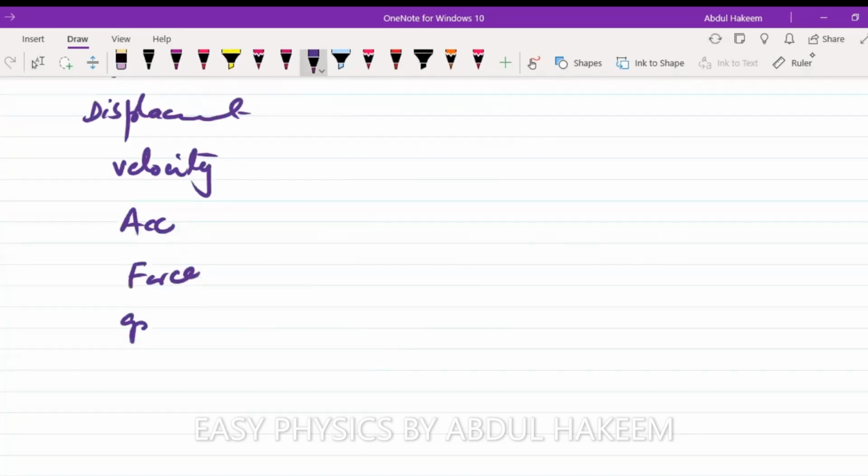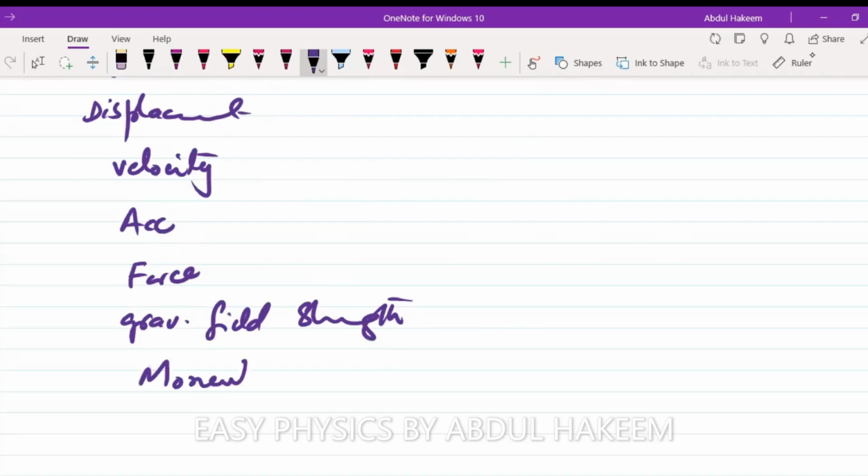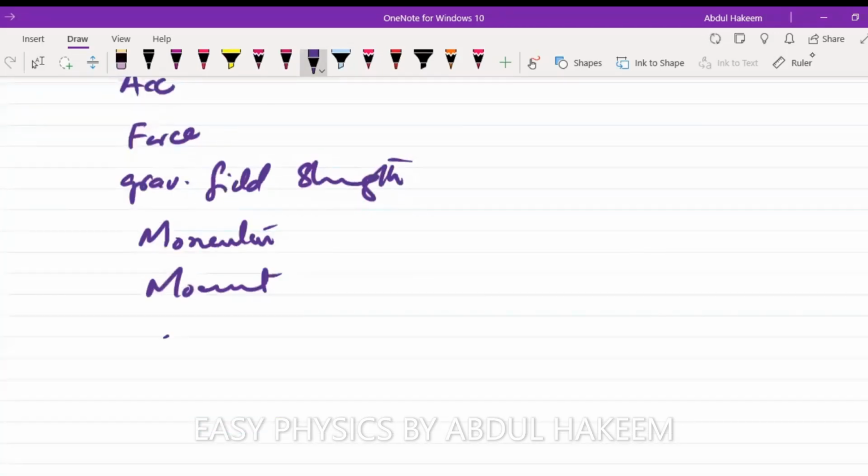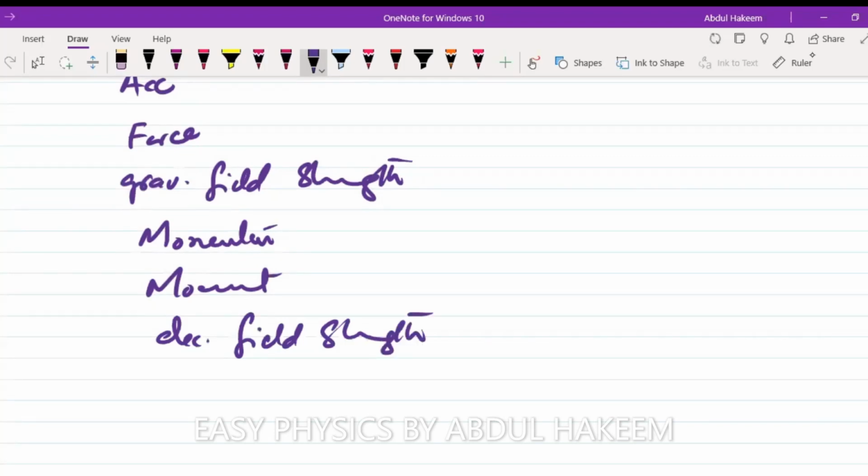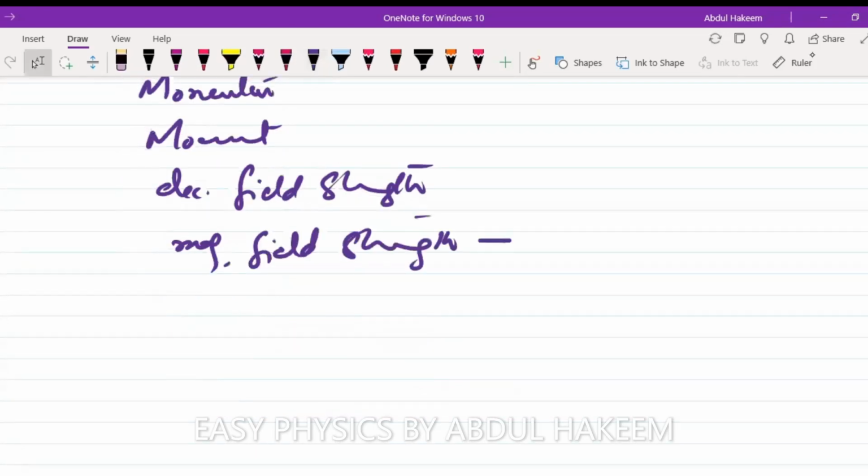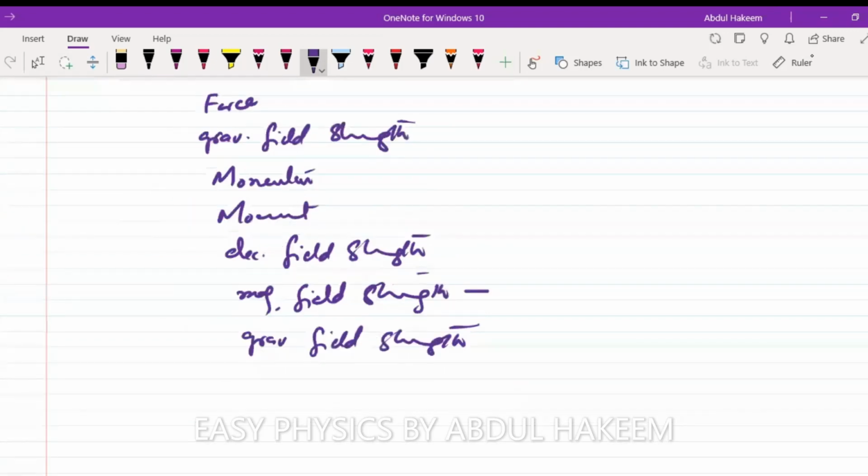Then gravitational field strength, momentum, moment, electric field strength, magnetic field strength, which is also called magnetic flux density. So this is the list of the vector physical quantities.